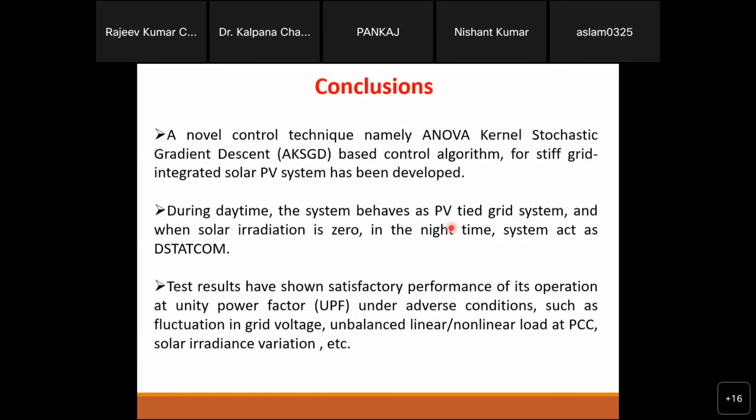And if the nonlinearity of the load increases, suppose the load THD is around 27%, 29%, 30%, then what is the impact of that? In those directions you can reinvestigate. These are works still to be done, where you can think. And this controller that I have discussed here is not only dedicated to solar.